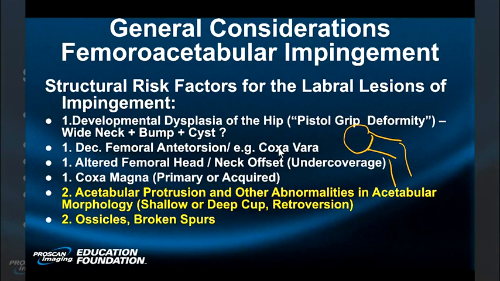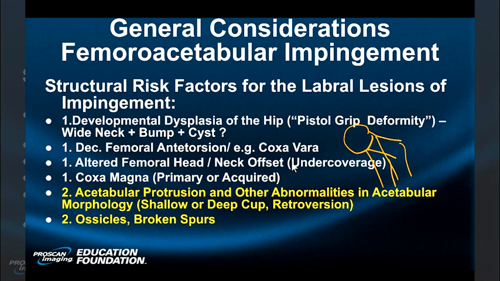So it kind of has a right angle as opposed to coxa valga, where things are kind of straight up and down. Under coverage, super common. One of the types of low-grade developmental dysplasia of the hip, big femoral head, or coxa magna.